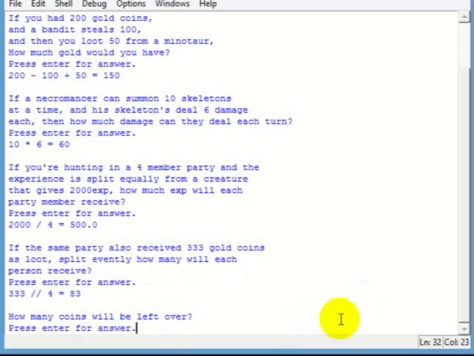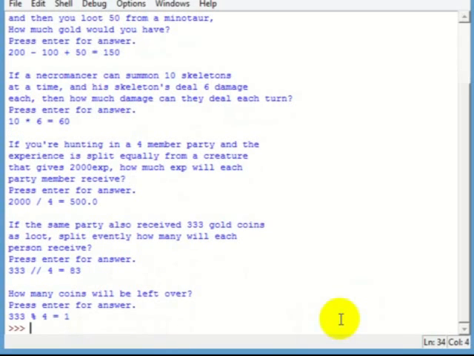So to get the remainder, the last question, press enter. As you can see, the remainder of 333 divided by 4 is 1. And so this 333 divided by 4 is 83, remainder 1. And it's just kind of like it's split up into two different problems here.